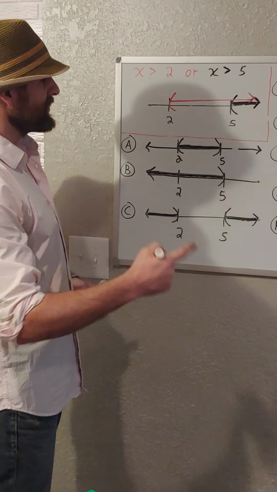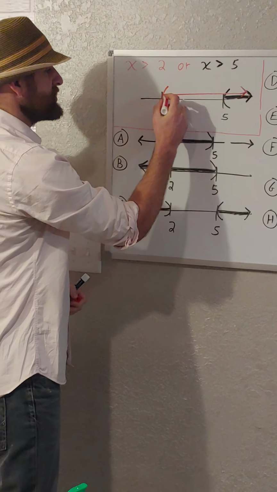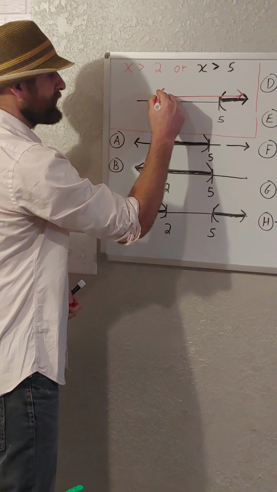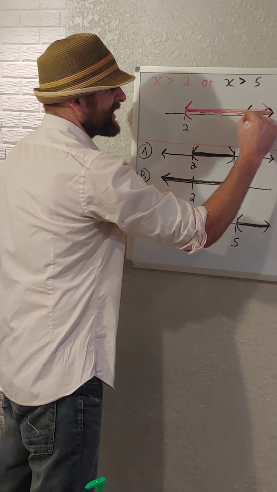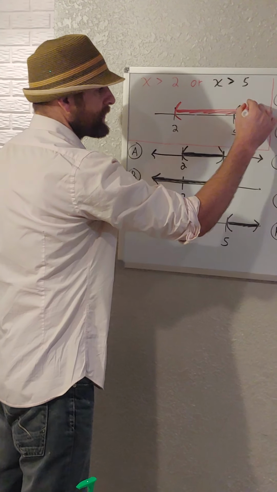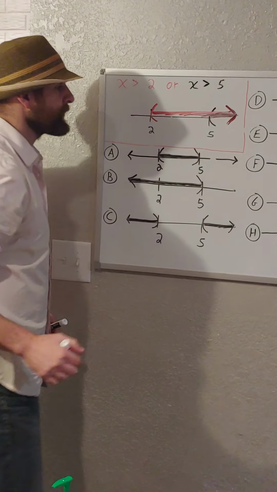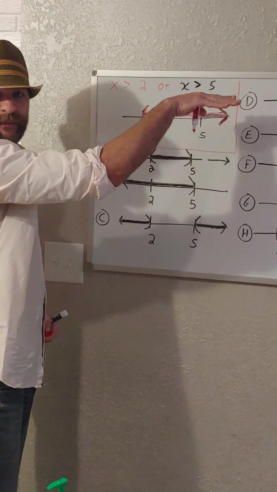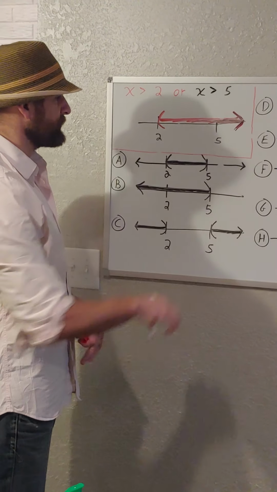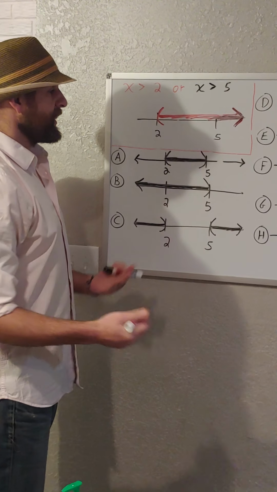So the answer to this is just going to be everything from 2 all the way over. We'll just count that as one color. And we can ignore the parenthesis at that point because it's going right through the parenthesis. So we're going to count the 5 as well.